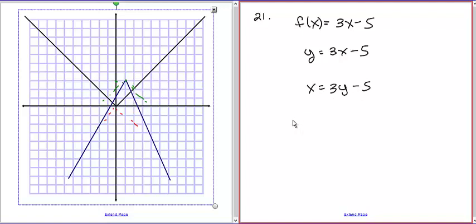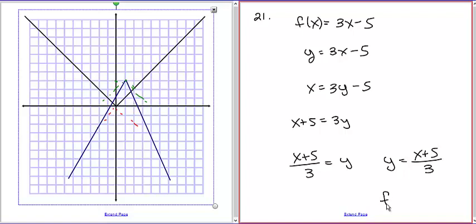Then we'll solve for y. So I'll add 5 to both sides. That makes that go to 0. I divide both sides by 3, like that, and then I switch sides. So I've got the y on the left-hand side. And then I say f inverse of x is that thing I just wrote down at the last point.